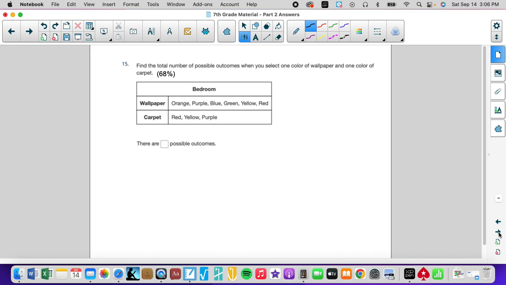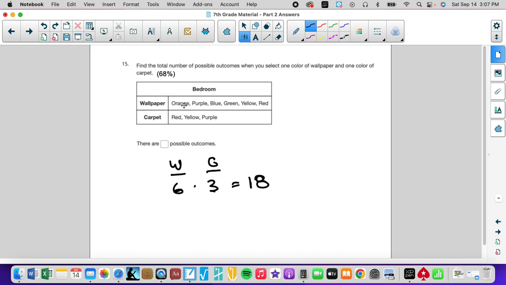Find the total number of possible outcomes when you select one color of wallpaper and one color of carpet. This is called the counting principle. We take the number of options for wallpaper, which has 6 possible choices, and carpets, I have 3 choices. We multiply those and we get 18 different combinations.